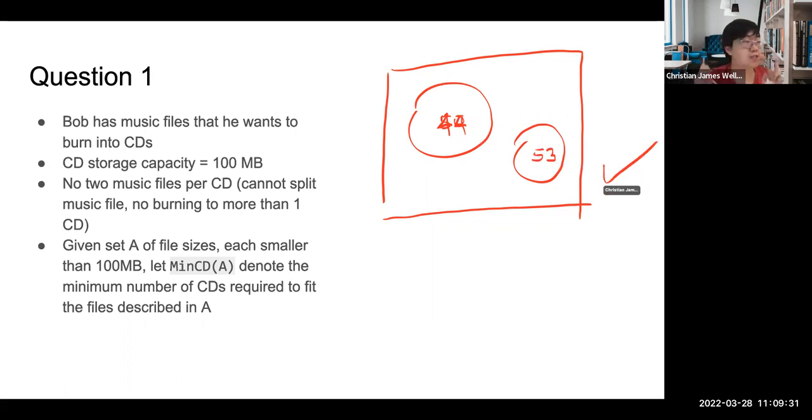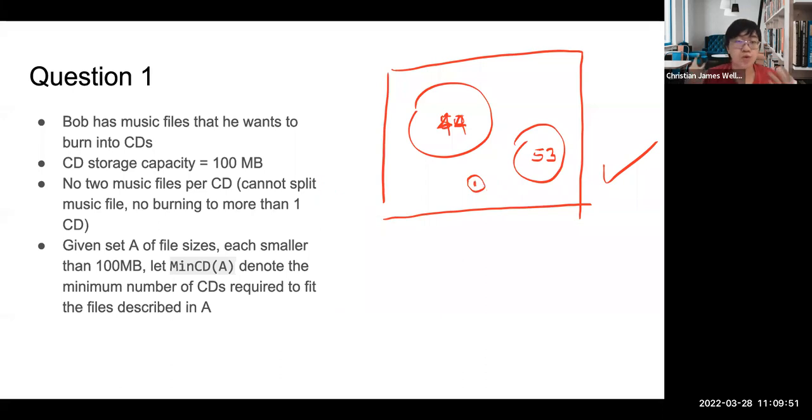This is legal. So you can store two music files in a CD. But what's illegal is, even if this was another music file of maybe 1 megabyte, this is not allowed, because now you have 3 music files per CD.